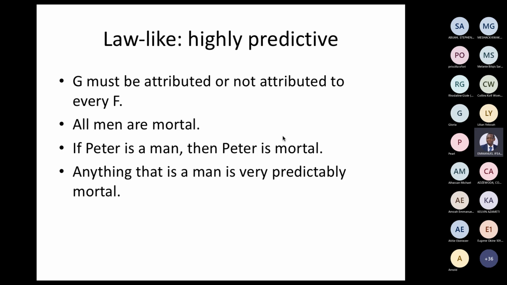All men are mortal. If Peter is a man, then Peter is mortal. So that's law-like. If Peter is a man, then it's already a law that Peter will be mortal because all men are mortal. Anything that is a man is very predictably mortal. So we call them law-like hypotheses because they are highly predictive.